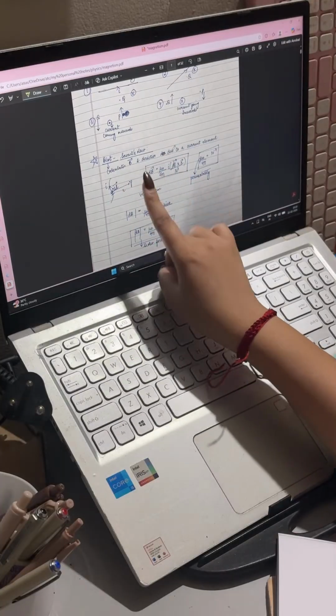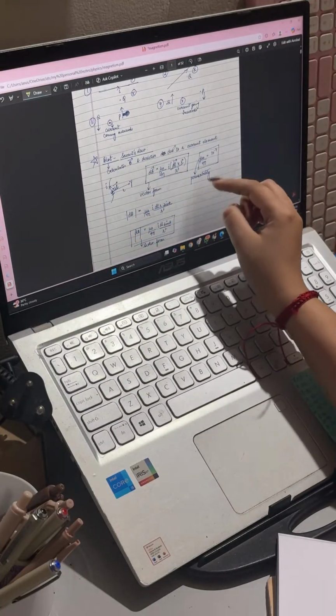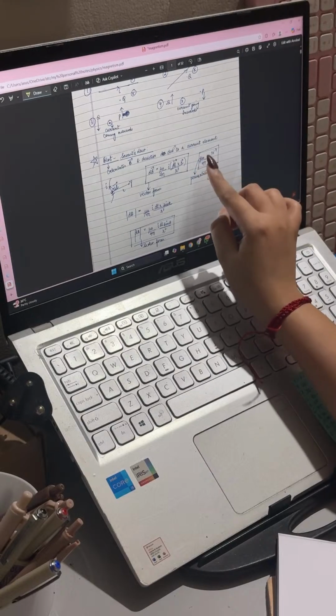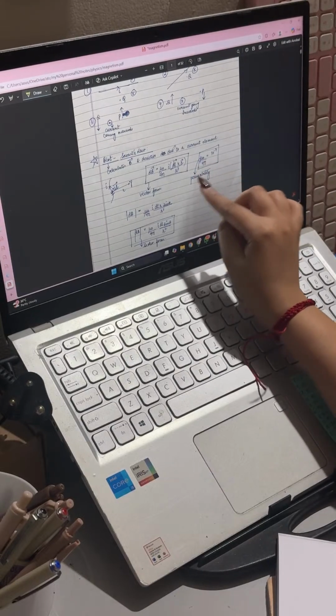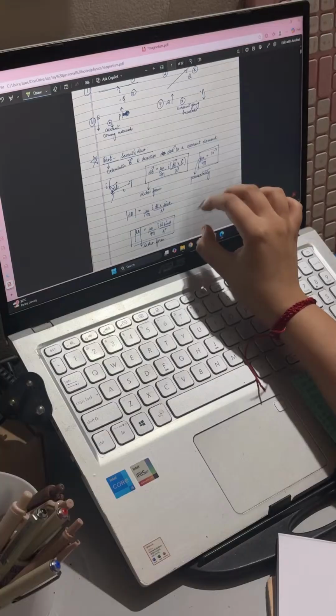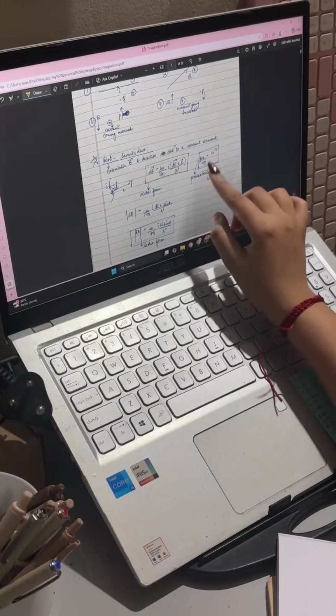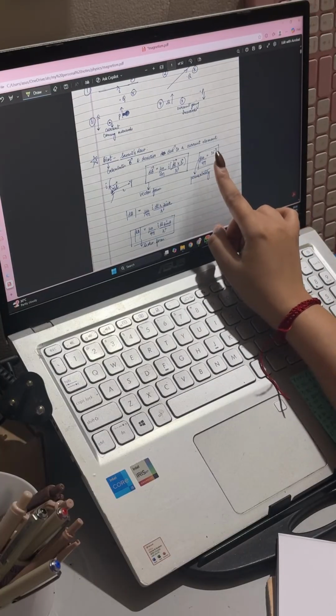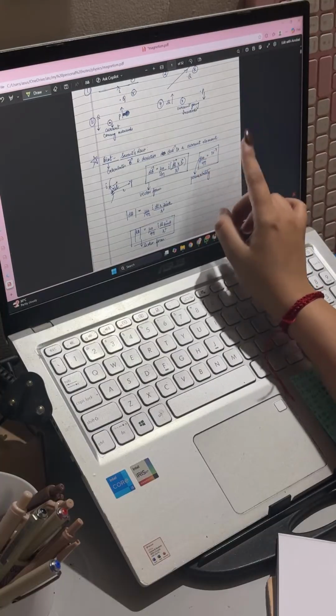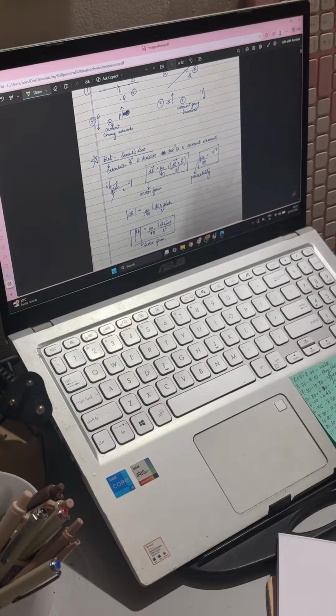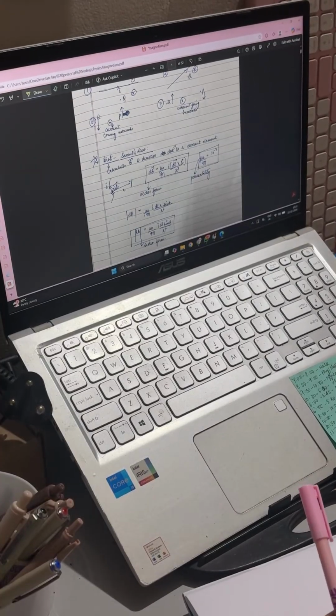So we have two forms, vector and scalar. And then we have the permeability, this mu naught. I think it depends upon the medium, and its value is basically mu naught is 4 pi into 10⁻⁷. Wait, let me write this down. I am actually revising it with you guys.